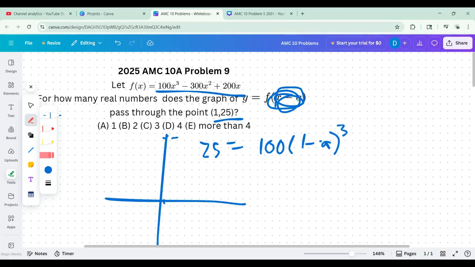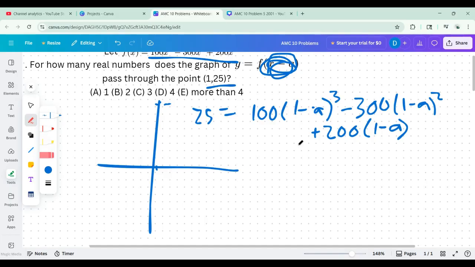Anyways, 300 times 1 minus a squared plus 200 times 1 minus a, and we can simplify this by dividing by 100.